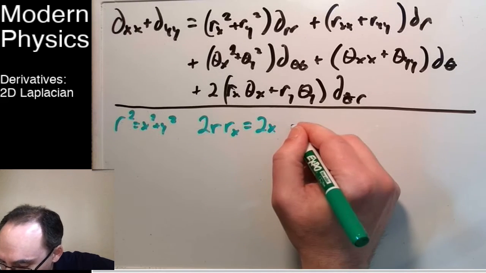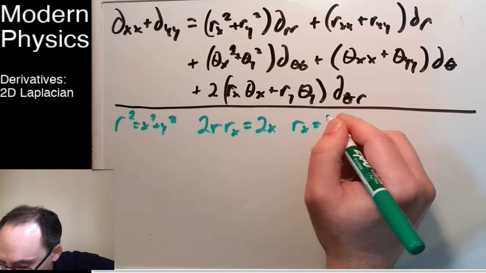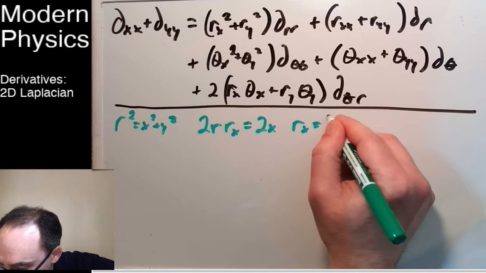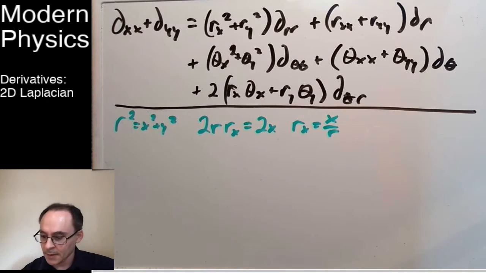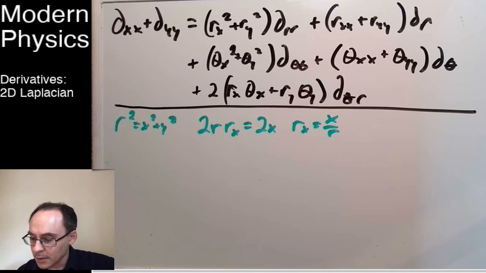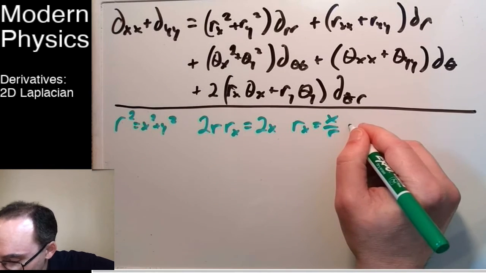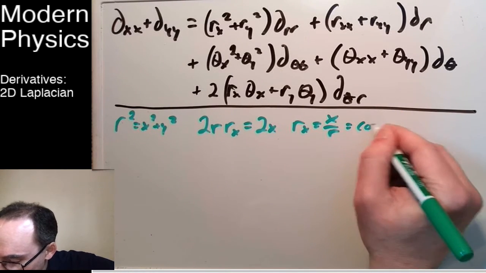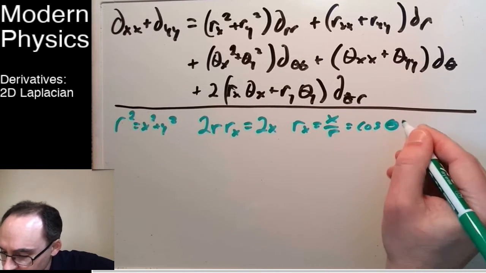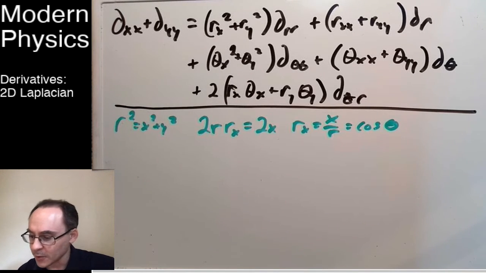So I get that rx equals, 2's cancel, x over r. And in fact, if you remember, in polar coordinates, x is just r cosine theta. So this is actually just cosine theta. I just want to write it in terms of r and theta.